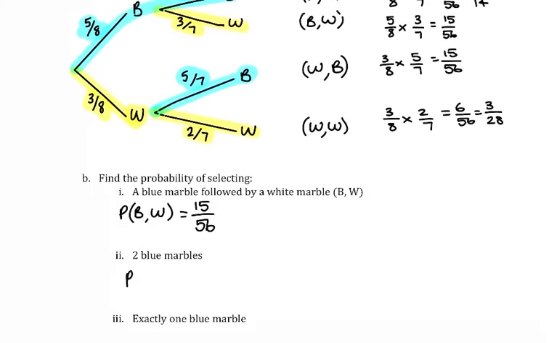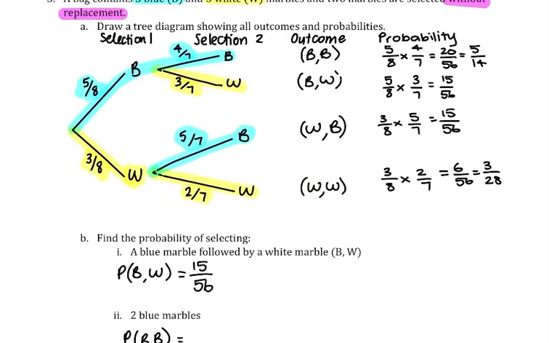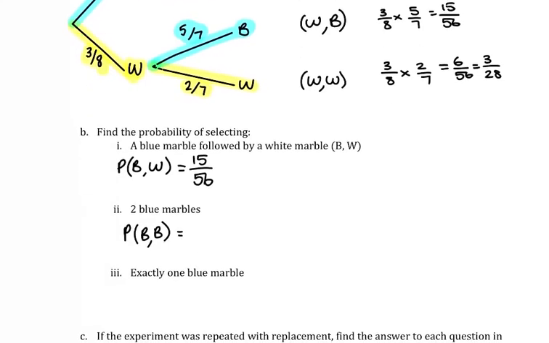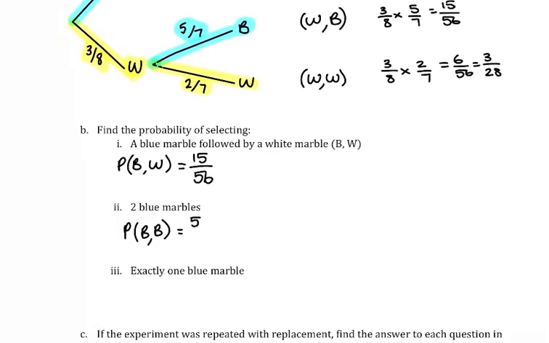Now to find the probability of 2 blue marbles, that is our top outcome of blue, blue, and so that's 5 over 8 times 4 over 7, which is 20 over 56, which equals 5 over 14. So our probability is going to be 5 over 14.